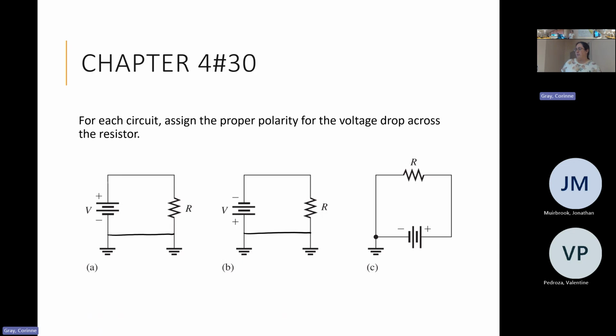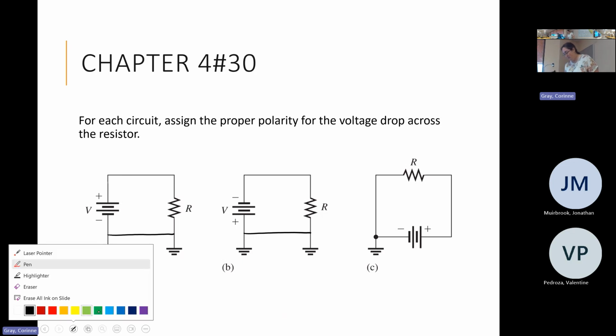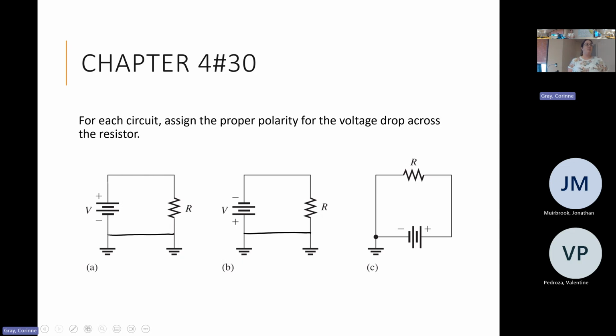So let's start with A, and then I'm going to have you try B and C. I want to look at the conventional current. I need to pick a starting point. Something you're going to see us do a lot as we work through the semester is start at the negative side of the battery, because this is a nice place where you have 0 value related to the voltage.